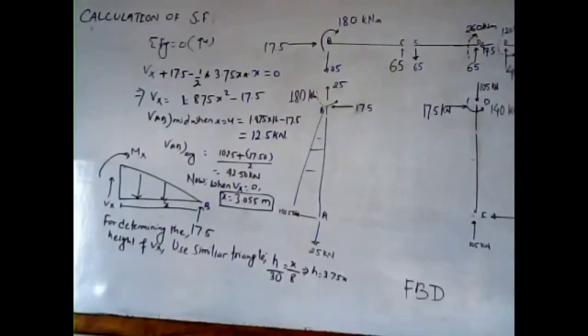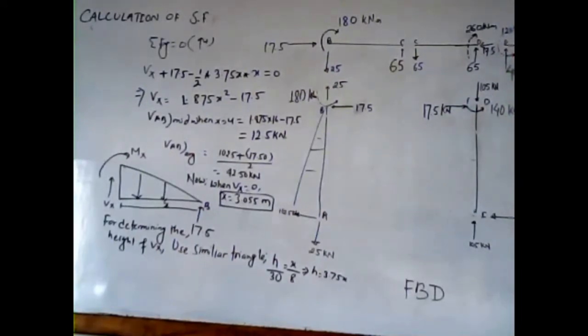Now using the equation of static equilibrium in this triangular section, taking summation of forces in y direction, upward positive, we have Vx in upward direction, plus 17.5 again in upward direction, and the load in downward direction, minus 1 by 2 into the height, 3.75 times x, into the distance x, equals 0.